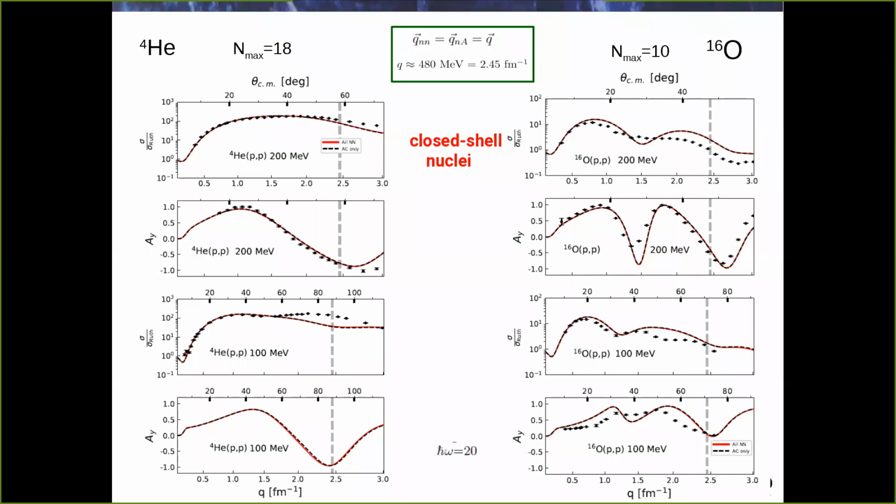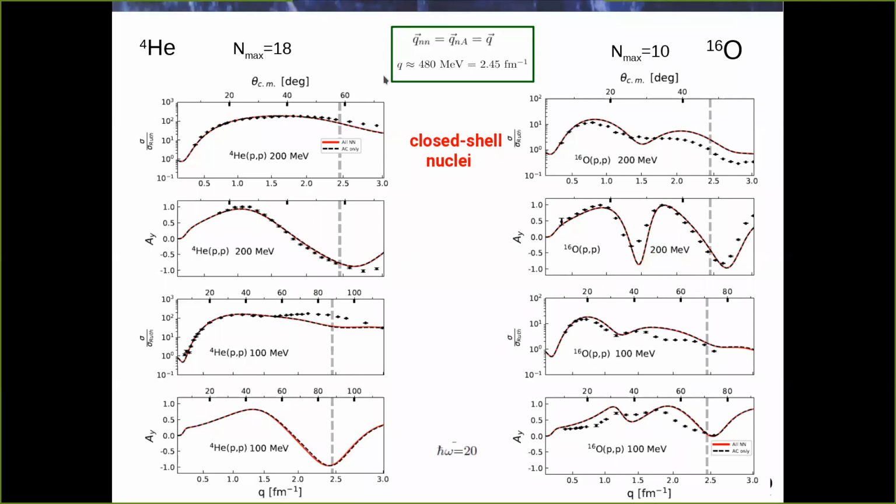So basically, I show here helium-4, and I have 2 lines in here which you almost cannot distinguish. Looking at closed shell, we see that the approximations from the earlier days, neglecting the spin of the struck nucleon, were very good.